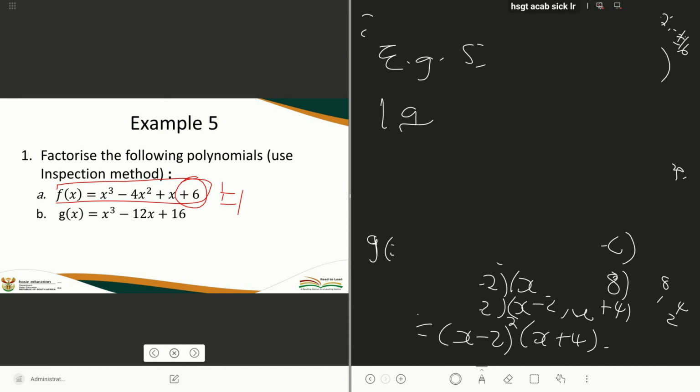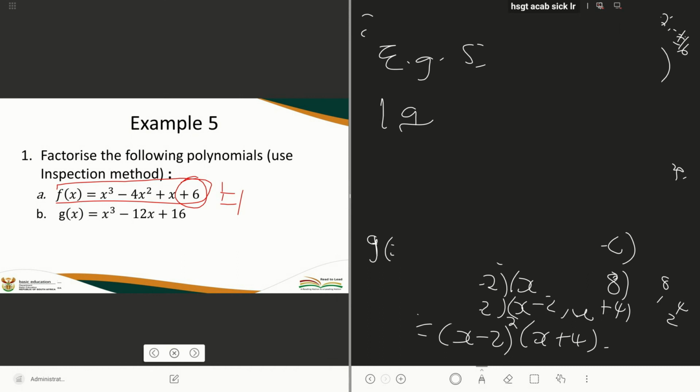If you can just utilize this 1, substitute your factors there, 1 cubed minus 4 into 1 squared plus 1 plus 6.